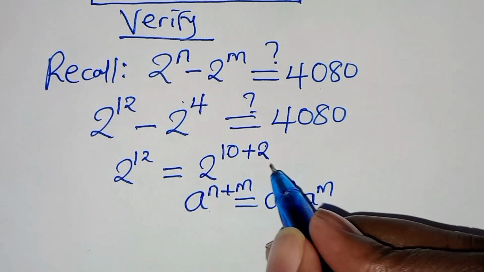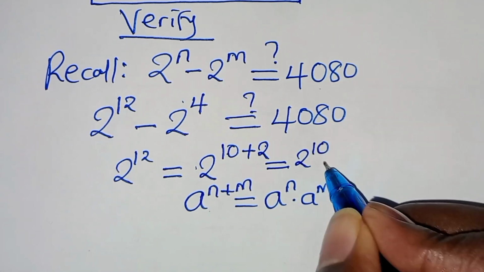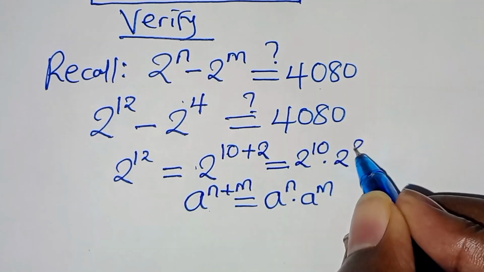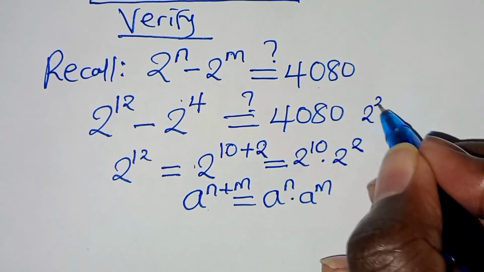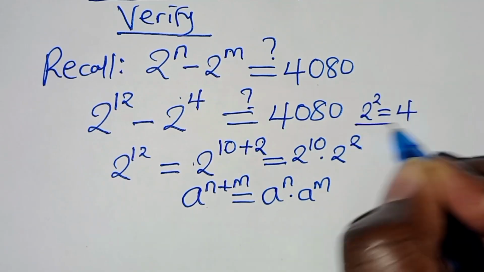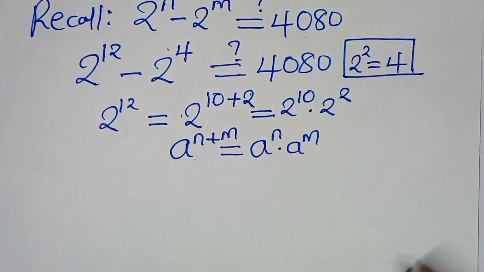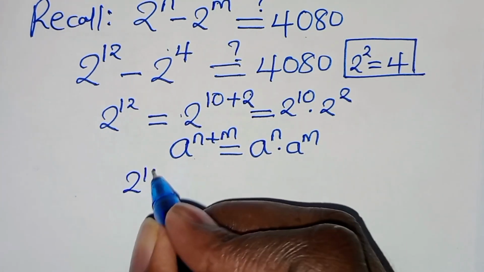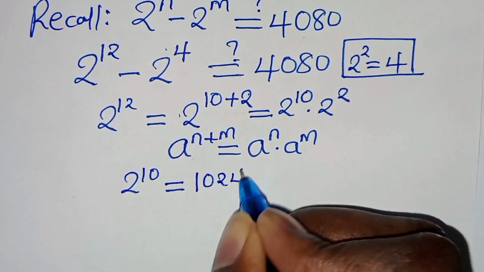So here we have 2 to the power 10 times 2 to the power 2. And 2 to the power 2 is equal to 4. Again, 2 to the power 10 is equal to 1024.